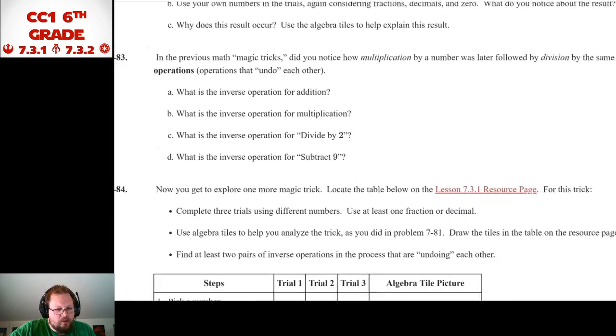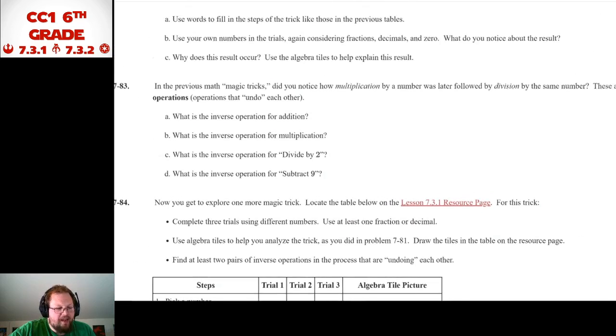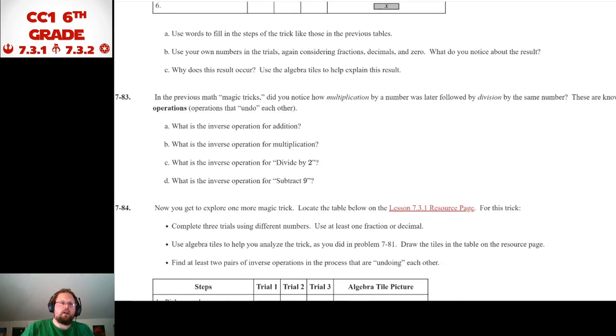So an inverse operation is just something that undoes the other one. Most of you are already very comfortable with the idea that addition and subtraction are opposites, and multiplication and division are opposites. All that you need to add to your vocabulary and knowledge is that you can invert addition, and the inverse of addition is subtraction.